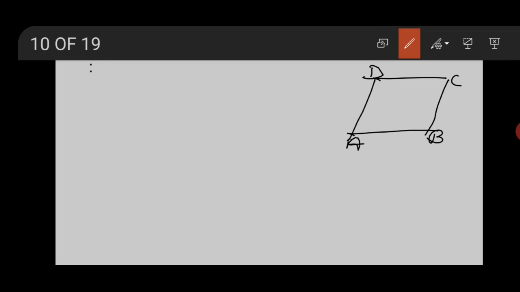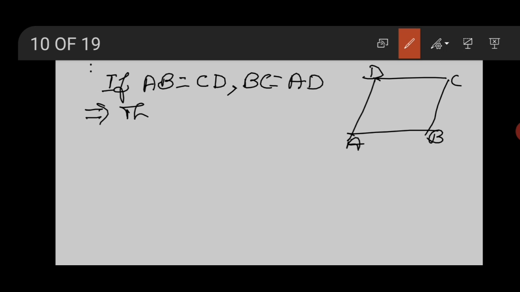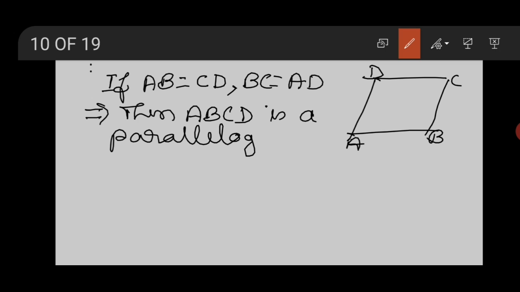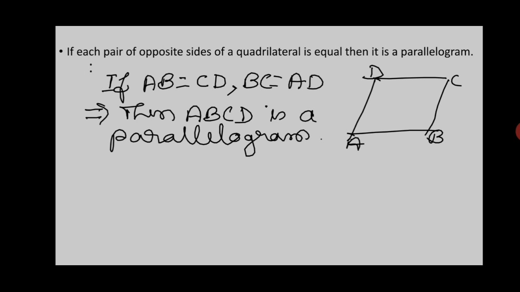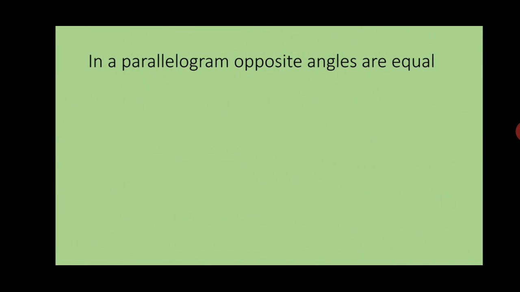That indicates what? If AB is equal to CD and also BC is equal to AD, then it implies what? Then ABCD is a parallelogram. Right?